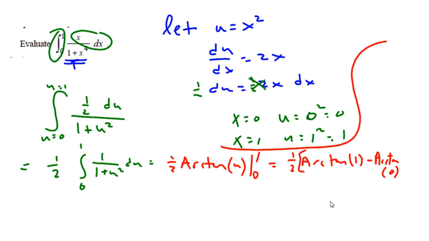So this equals 1/2. Well, arctan of 1 is saying what angle gives you tan of 1, and we know that is pi over 4. And arctan of 0 says tan of what angle gets me 0, and we know that is 0. So this equals pi over 8.